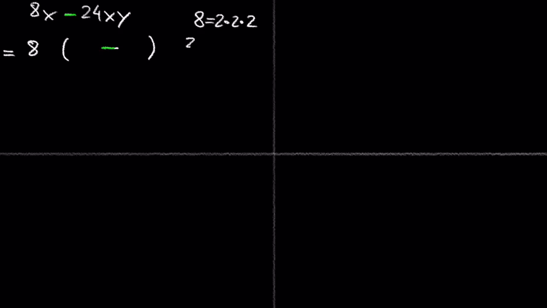And the 24 as 2 times 2 times 2 times 3. The product of the common factors of 8 and 24 is 2 times 2 times 2, which is 8, which is the greatest common factor of 8 and 24.